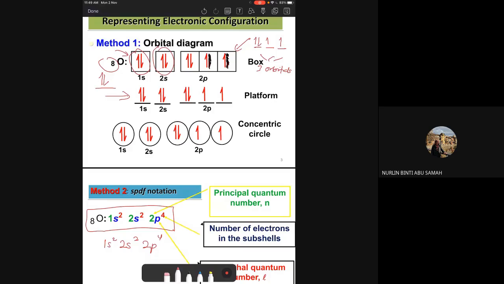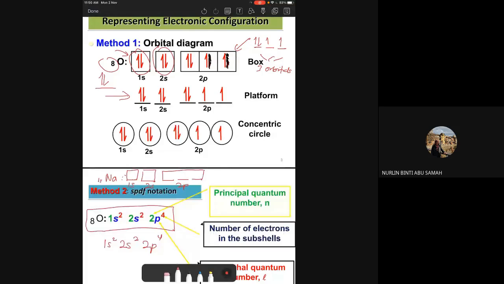Contoh lain macam sodium. Sodium dia punya atom number berapa? Saya tak hafal lah. 13 ke 11? 11. Okay. So 11, the way you write the electronic configuration, kamu kena mula tulis yang ni dulu: 1S, 2S, 2P. Kamu kena tahu dia sebenarnya berbeza level energy dia.